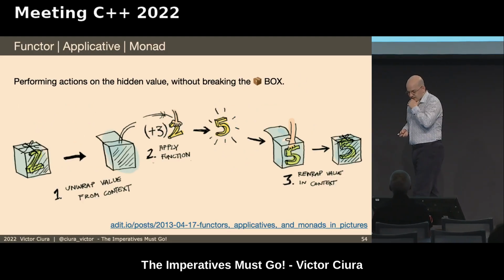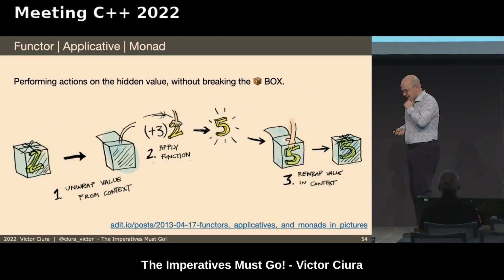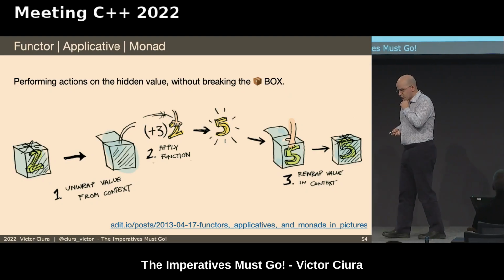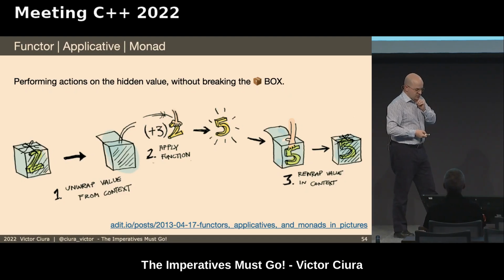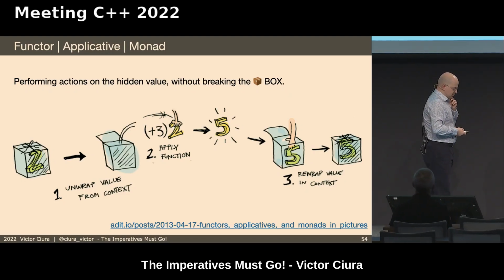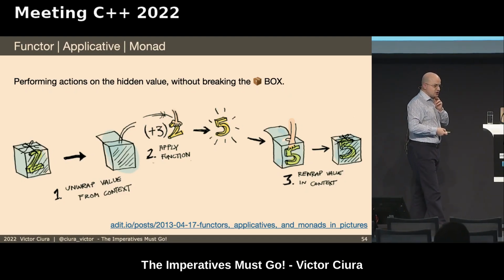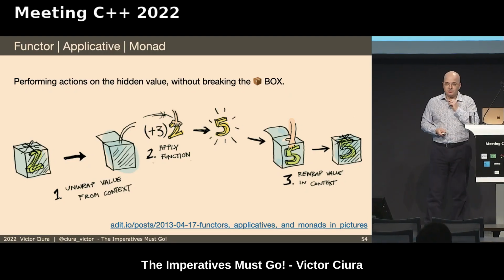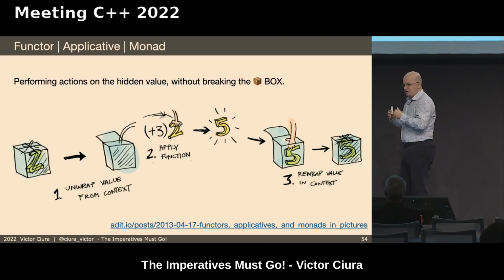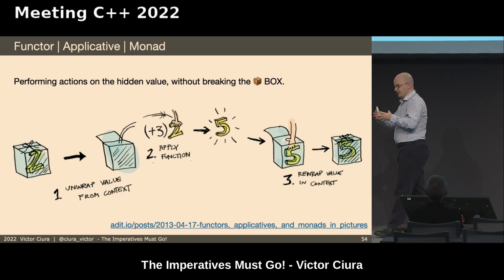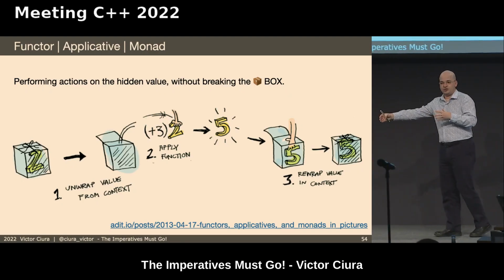But the idea here is that what we should aim for is not looking in the box. The idea is not checking at each step to see if the value we have in this container is actually valid, is actually usable at a particular stage in the pipeline of the computation.